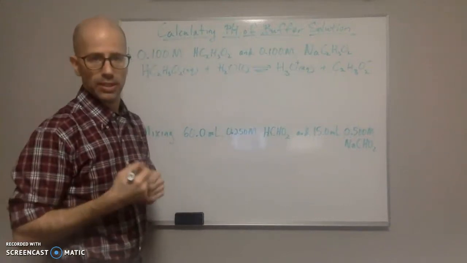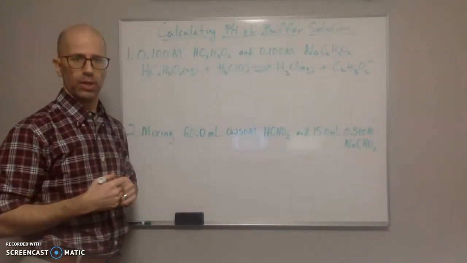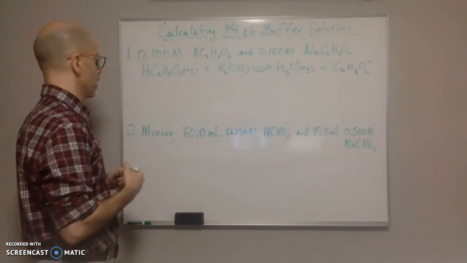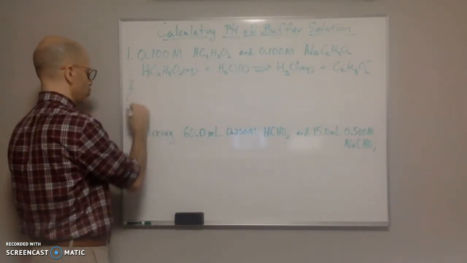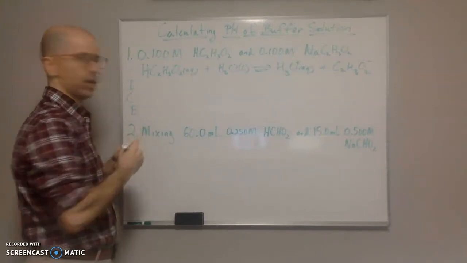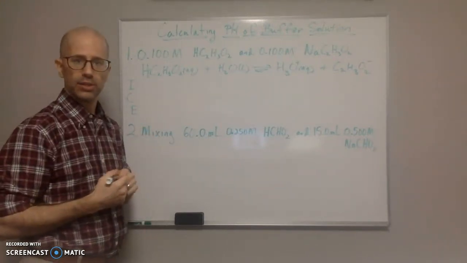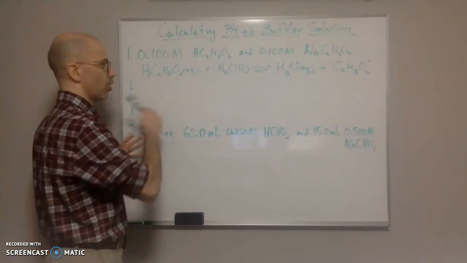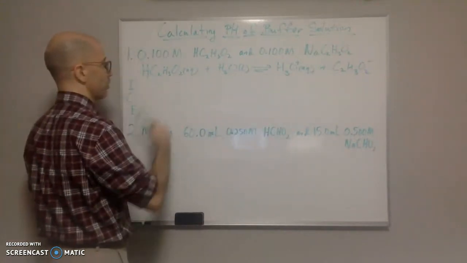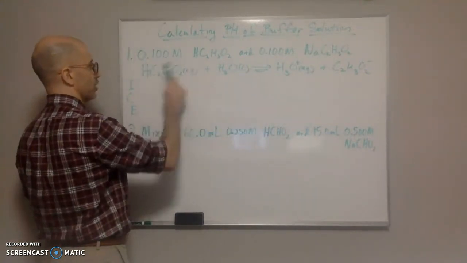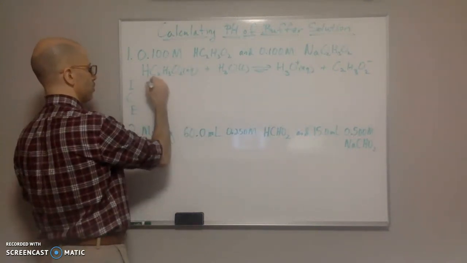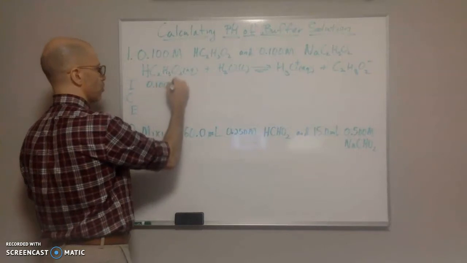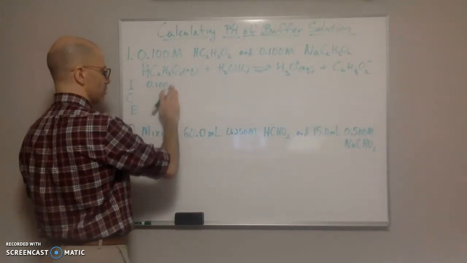And so that's the equation that we are going to be using. And then you do your ICE table like you normally do. But here the starting concentrations are not going to be all zero. Here we're told we have a concentration of this acid of 0.100 molar, so we don't need to write the molar down.